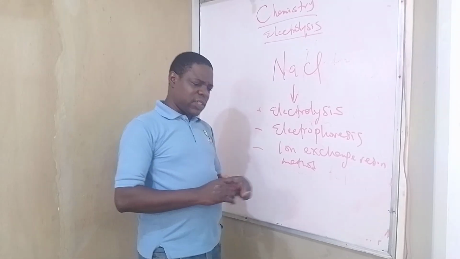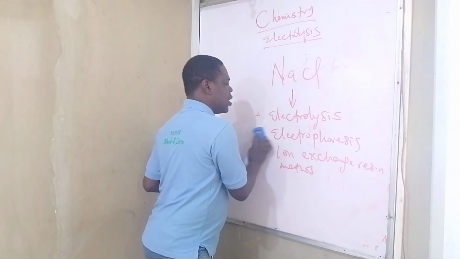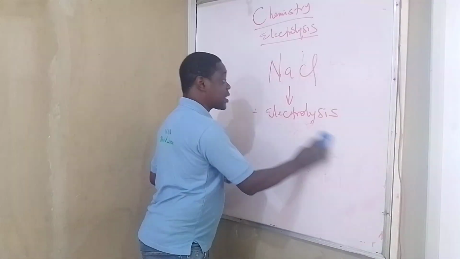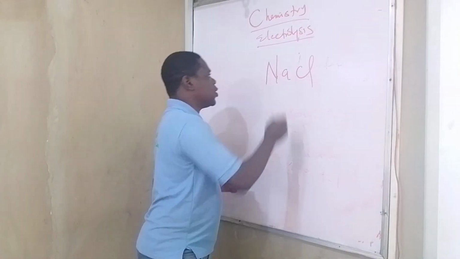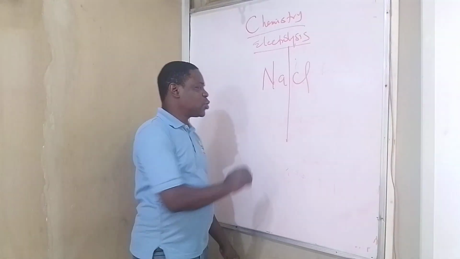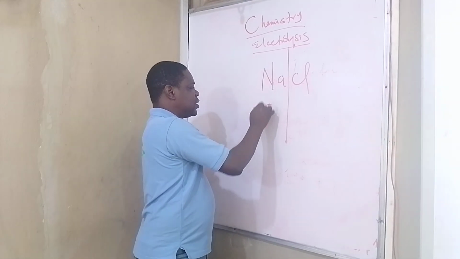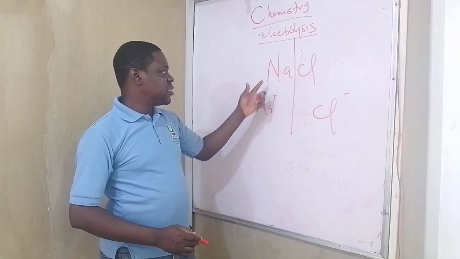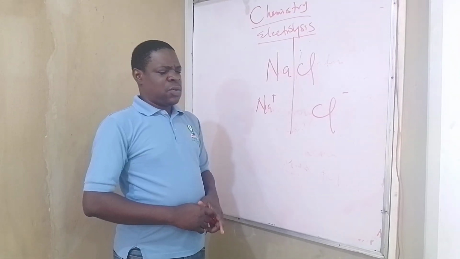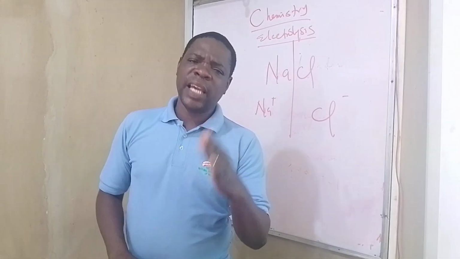But for the sake of this class, we'll not go beyond electrolysis. So electrolysis is a chemical method of separation. We just use this method to separate NaCl into sodium ion, and what? And chloride ion. That is just what we do in electrolysis.